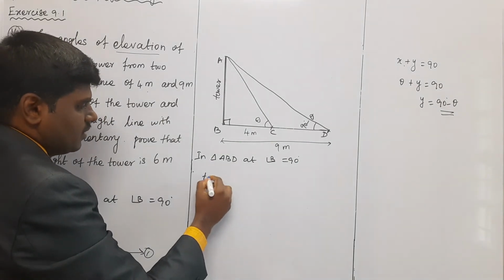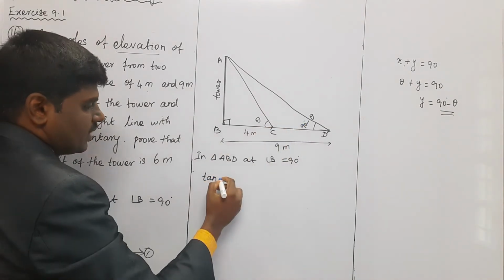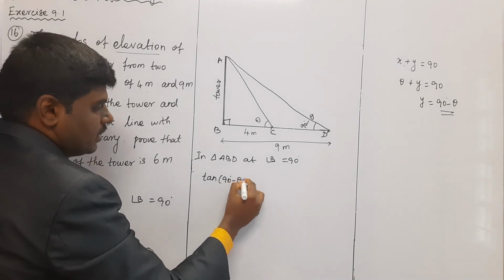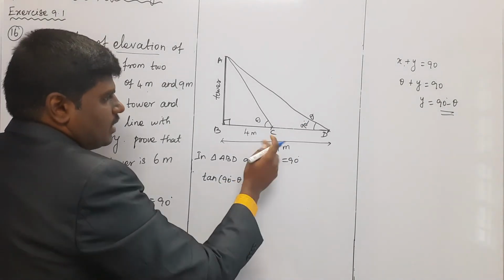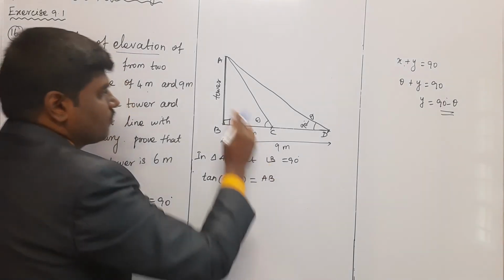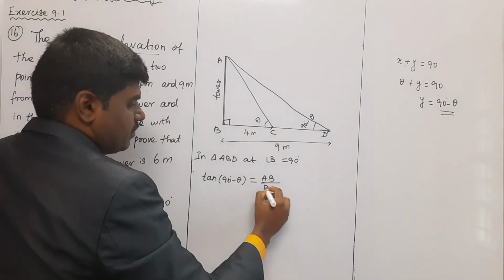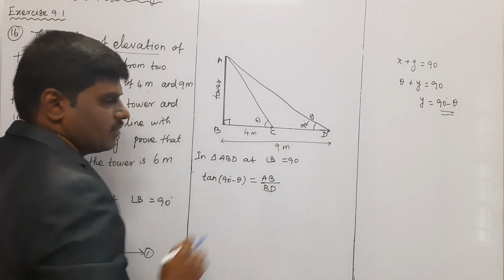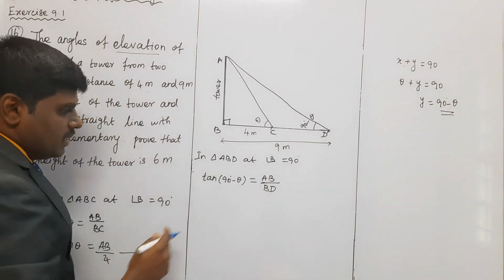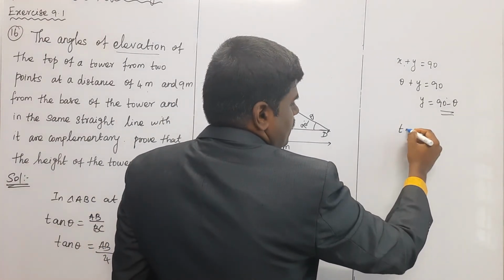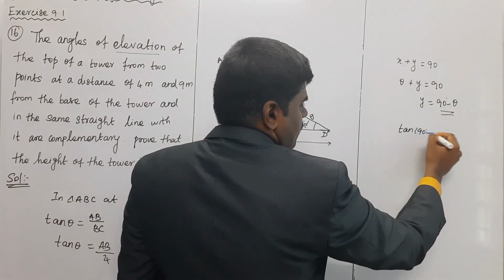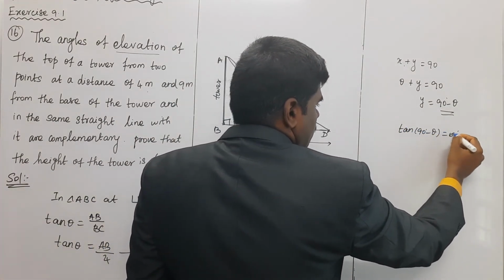Using the formula, you choose tan of 90 minus theta. Here it is the opposite side by the adjacent side, that is BD. So tan of 90 minus theta, we know from complementary angles, is equal to cot theta.